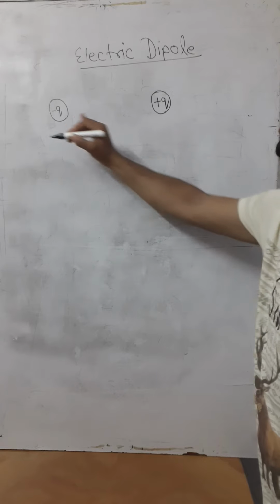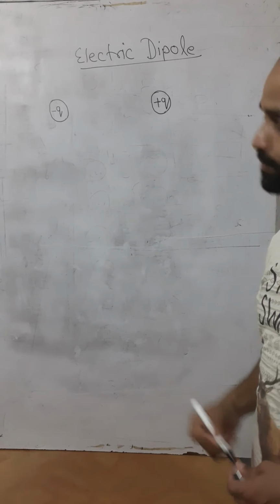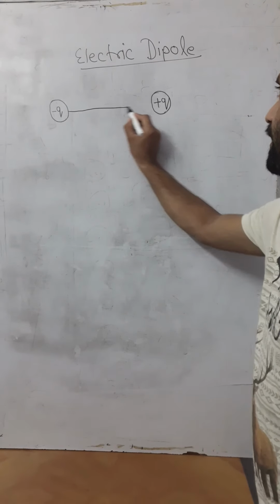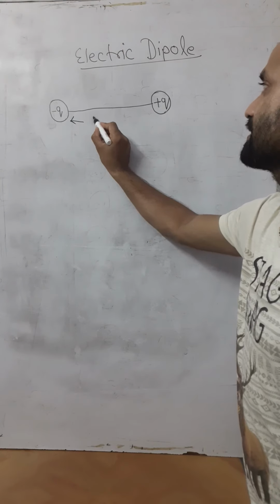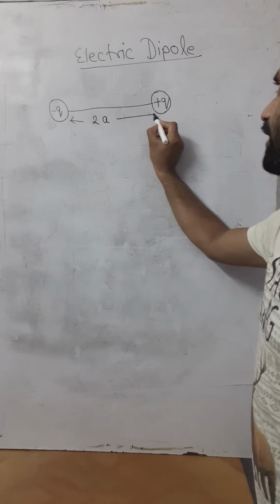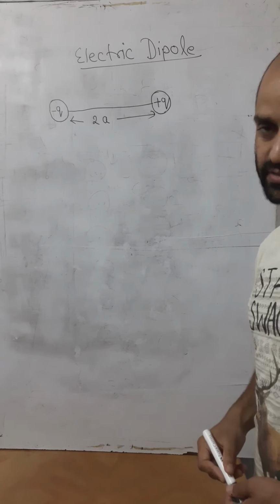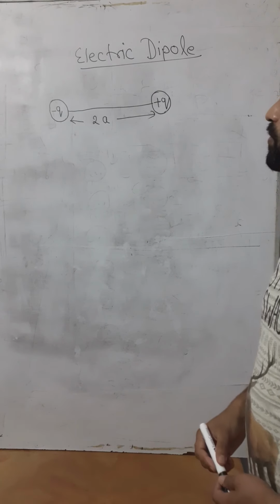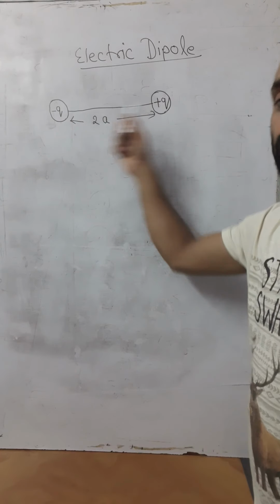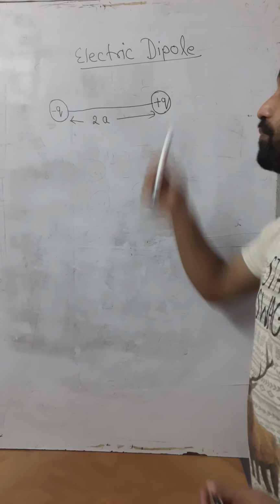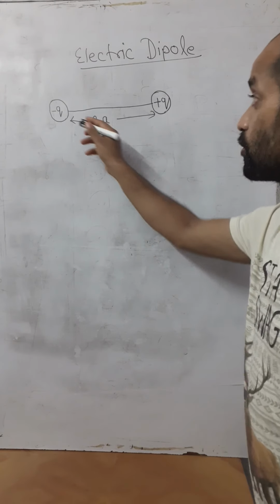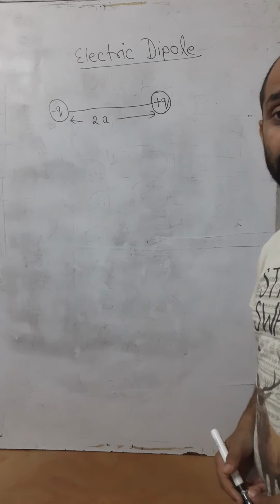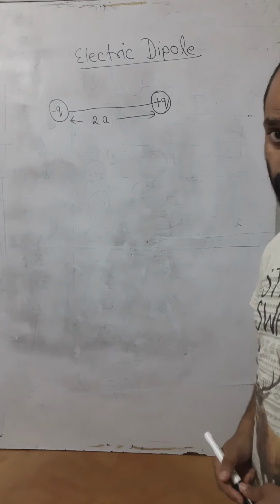Two equal and opposite charges separated by some distance. Suppose this distance is 2a for our convenience. So this arrangement of two equal and opposite charges which is separated by 2a distance is called electric dipole.